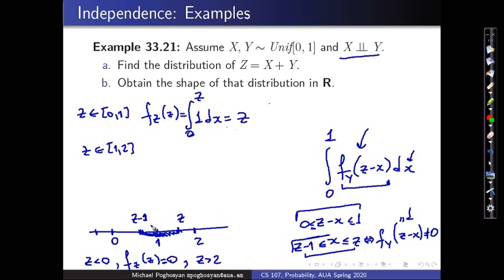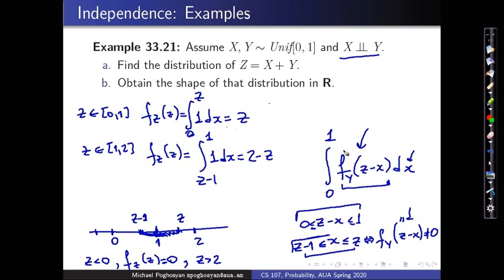So I am integrating from z minus 1 to 1, in fact. So f_Z at the point z will be the integral from z minus 1 to 1 of 1 dx. So this will be 1 minus this, so 2 minus z, if z is from 1 to 2.